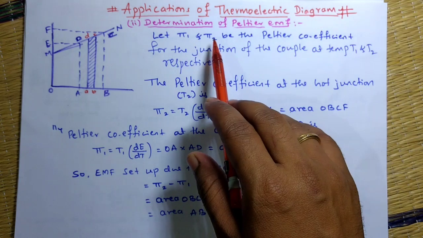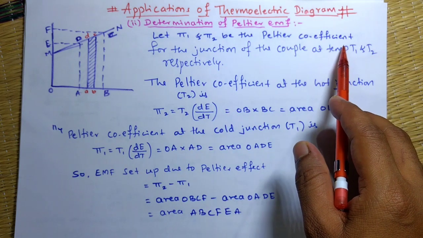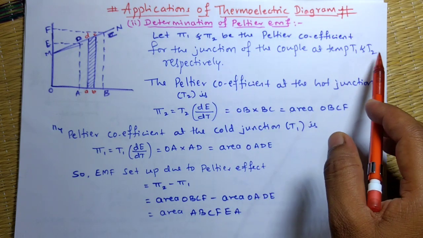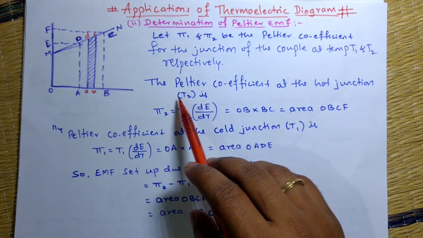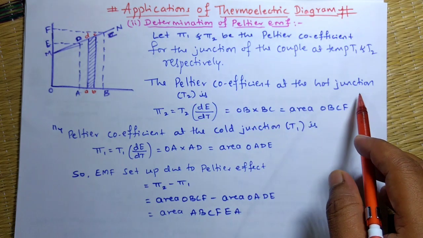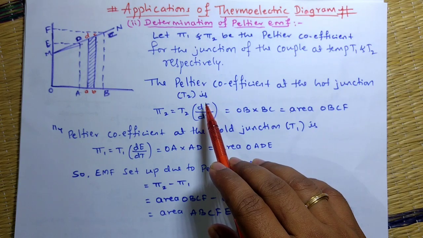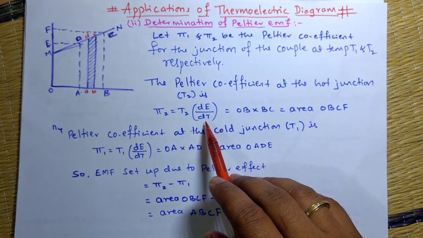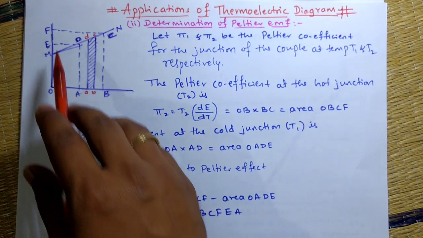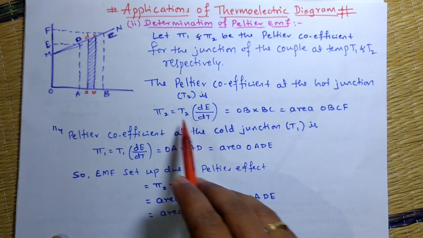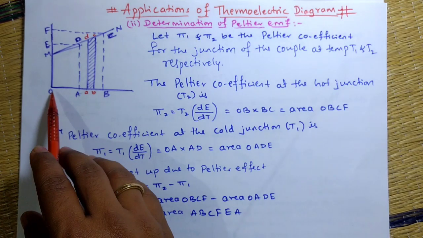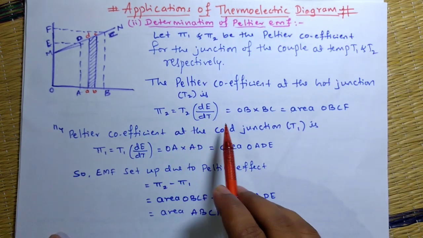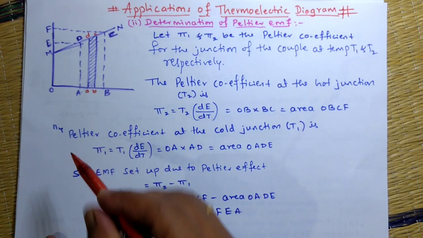Let pi1 and pi2 be the Peltier coefficients for the junctions of the couple at temperatures T1 and T2 respectively. The Peltier coefficient at the hot junction T2 is pi2 equal to T2 into dE/dT, right? In this thermoelectric diagram, this T2 is nothing but OB, and dE/dT is nothing but the slope, right?